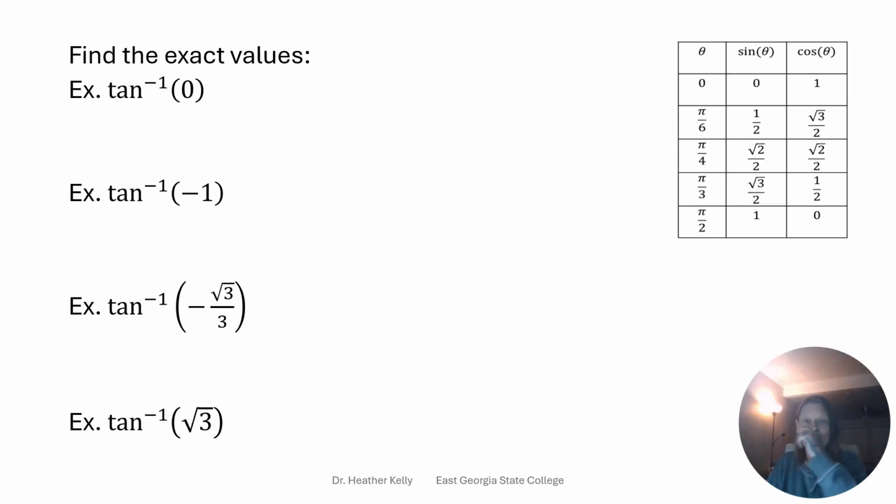Let's do some examples. Now, because I see all of these arctans here, I'm going to come over to my table and I'm going to add the tangent stuff. Okay, so this is 0, and because going from left to right the tangent function is increasing, then we know that the values are getting bigger here.